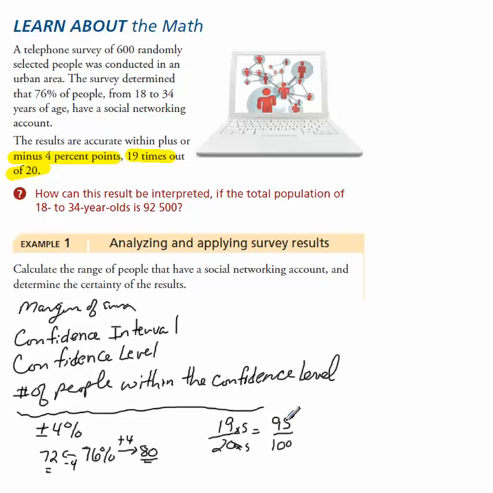So 95 times out of 100 we would get these results, or 95% of the time we would anticipate those results, that this survey should hold true.